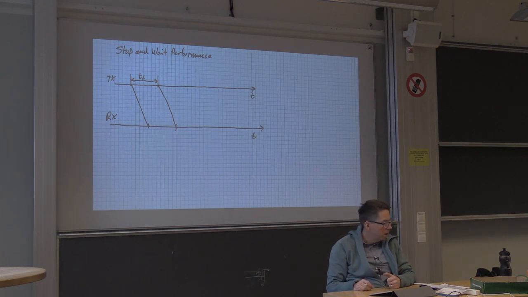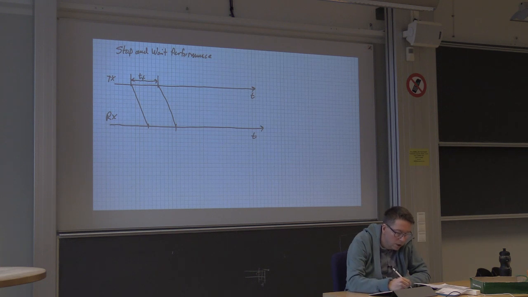It's the time it takes to transmit a frame, and that has to do with how many bits there are in the frame and what the data rate is of the layer below me, because I use the layer below me to transmit this. What we transmit here is an information frame, and it consists of NF bits.